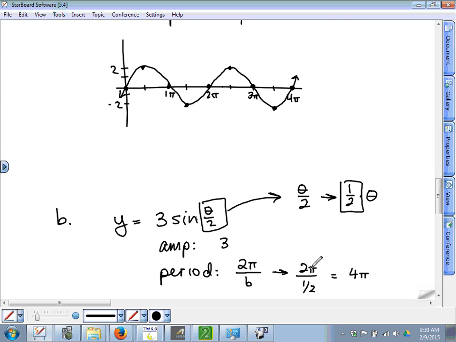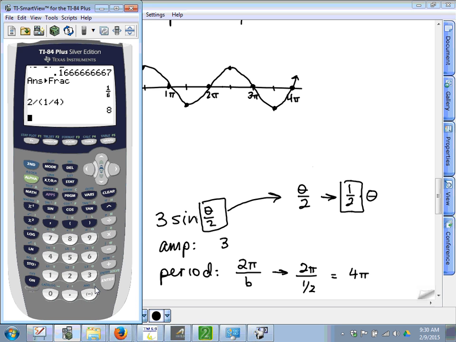If you're still a little concerned about how the fractions are working, you have 2 choices. You could either use your calculator or go back and take a year of 7th grade and relearn your fractions. I would rather use the calculator than have to repeat 7th grade or 6th grade, whenever you learned about fractions. But 2 divided by 1/2, it's pretty easy to type in, pretty easy to hit enter. 2 divided by 1/2 is 4, so it's 4 pi.